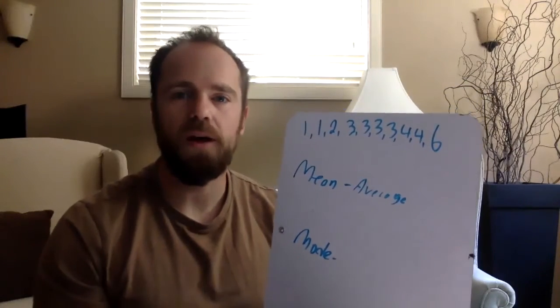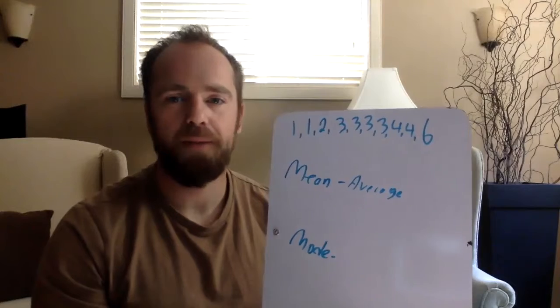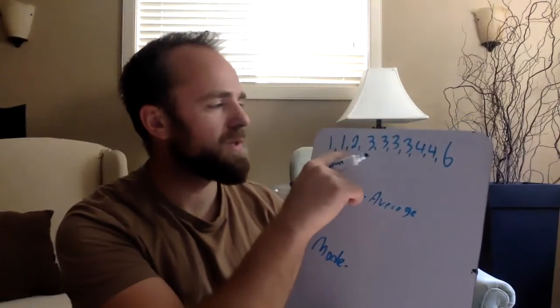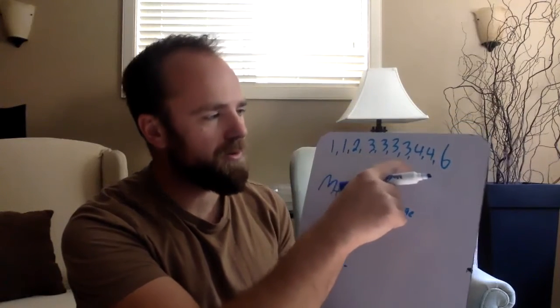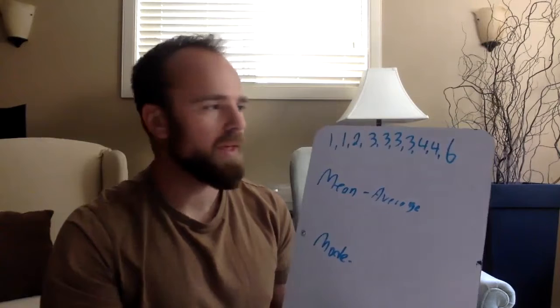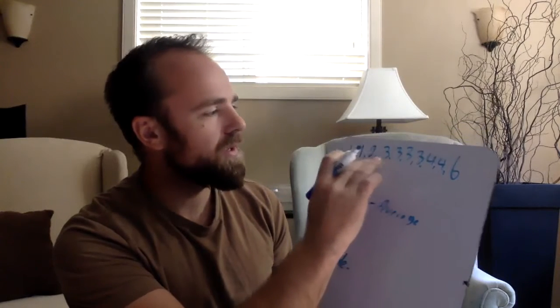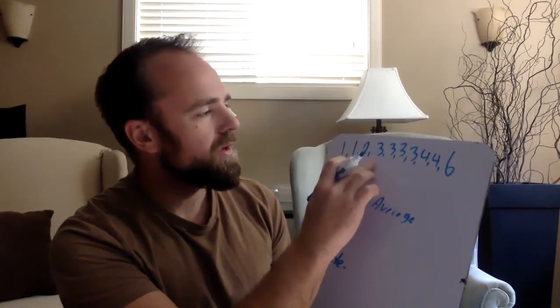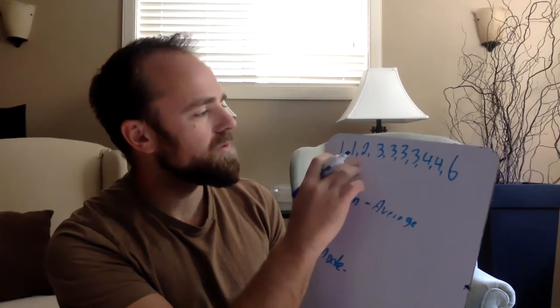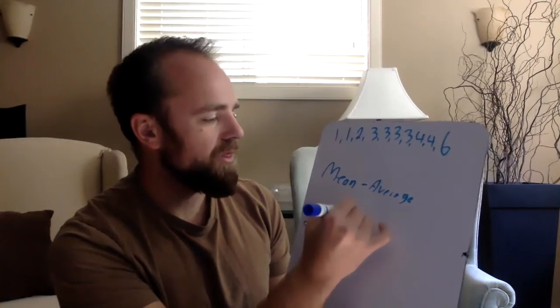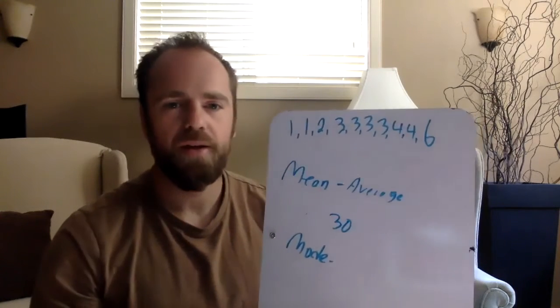So I need to find the sum of every single piece of data. So I go 1 plus 1 plus 2 plus 3 plus 3 plus 3 plus 3 plus 4 plus 4 plus 6. If I add it up, I get 10, 17, 20, 23, 26, 28, 29, 30. So I get 30 is my total.